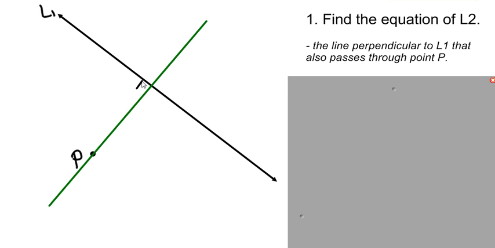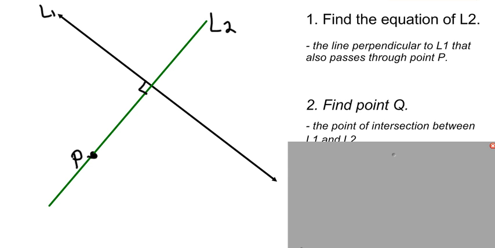So the line that I've just drawn, let's call it L2. And again, it needs to be perpendicular to L1 and it needs to pass through point P. Step 1 is to find this line. The next step is to find point Q. And again, point Q is the intersection point between L1 and L2.